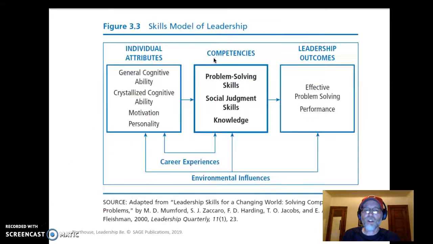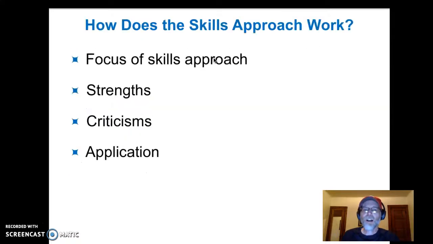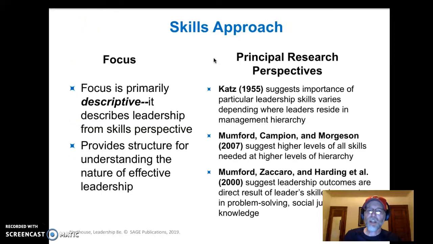So what they argue is that leaders have these skills. Those skills are enhanced with these individual attributes, but that effective leadership also includes some of these career experiences and being able to handle these environmental influences. So that is the skills approach. As you go through Northouse, you can note some of the strengths.